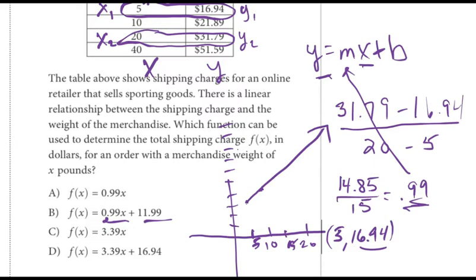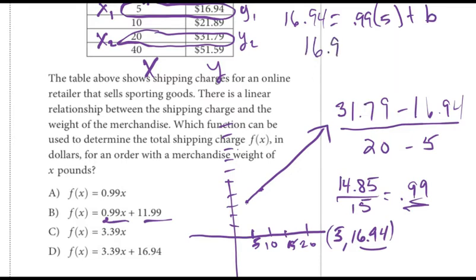So y is 16.94 equals 0.99 times 5 plus b. Then we are going to calculate that. Let's erase this. 16.94 equals, after the calculation, 4.95 plus b.